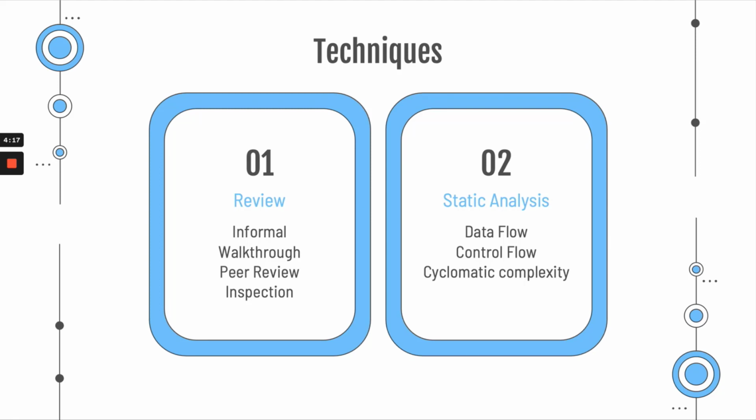So the next type is static analysis. This type is done automatically by the tools that we will provide and introduce to you guys later. And now we will talk about the 3 types of this. But first, let me introduce what static analysis is.